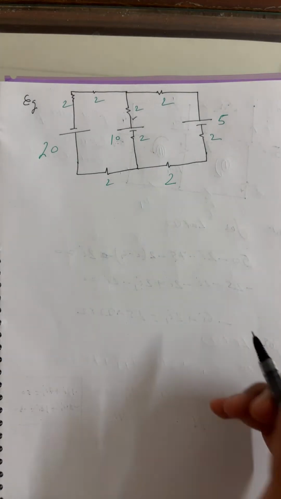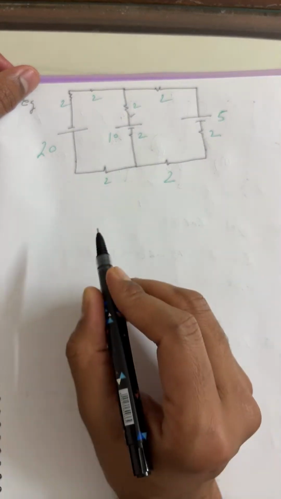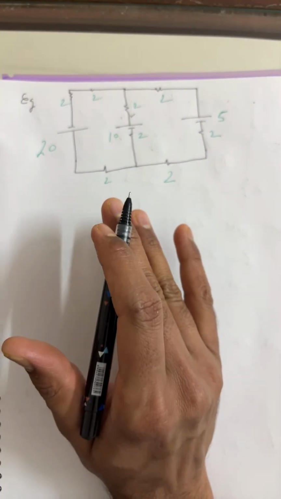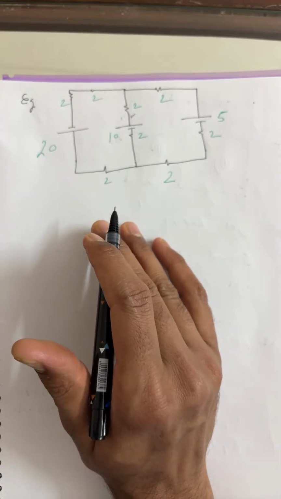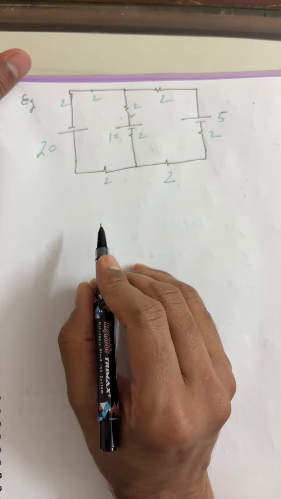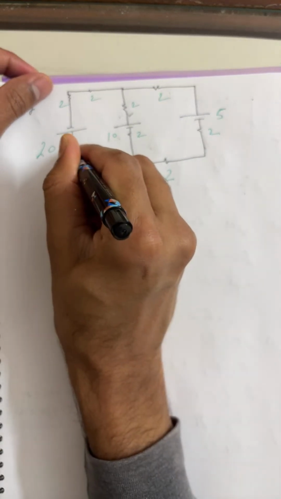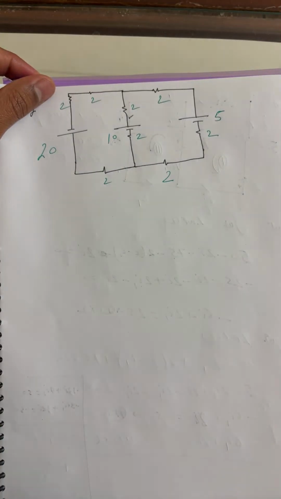So it's tough here, but listen carefully, beta. You can do this question here. It's not tough at all. Okay. So first I'll take a consideration here. Let us suppose this is the direction of flow of current in the circuit.